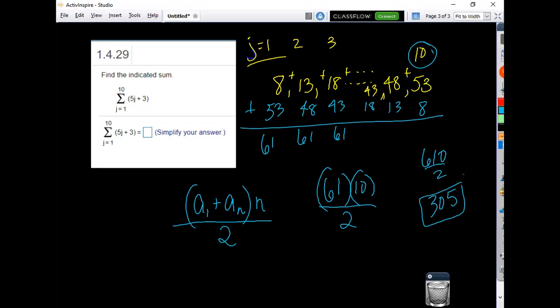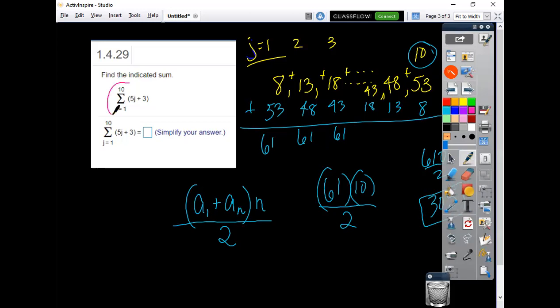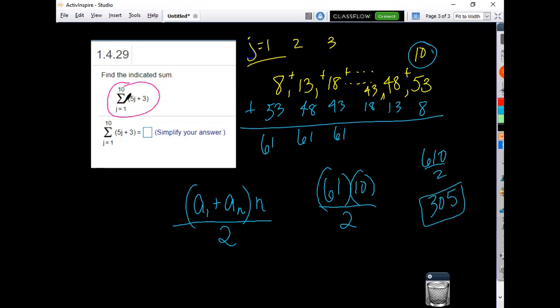So for all the parts of this problem, I mean just seeing what this summation thing even means, because you've probably never seen that, it just means to add them all up. When you substitute this number in here and keep doing it until that number is 10, that gives you all the numbers in the sequence.